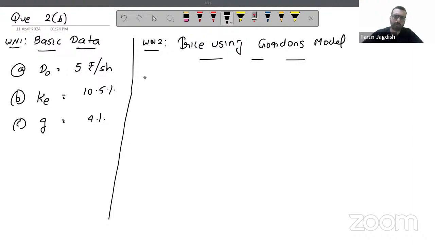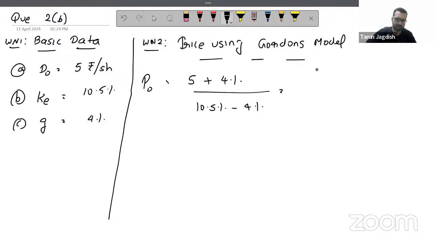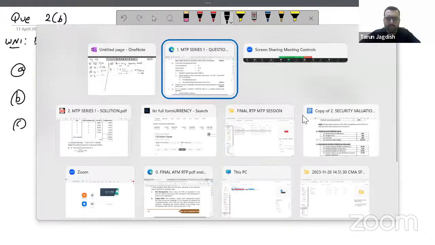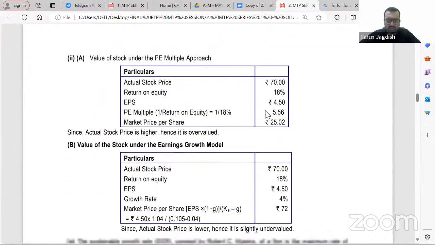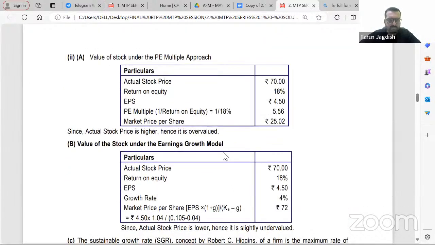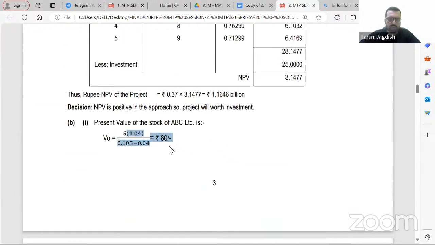Tell me what's the formula for Gordon's model? D1 divided by KE minus G. Do you get the answer as 80 rupees per share? All right. Let's check. 80. We got the same answer.